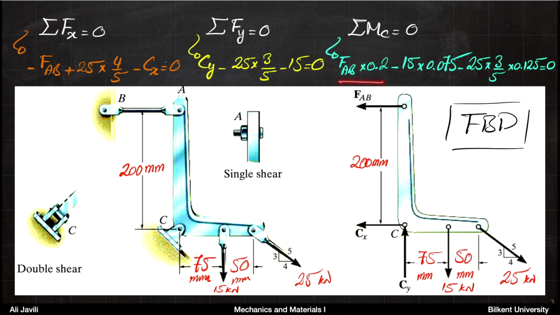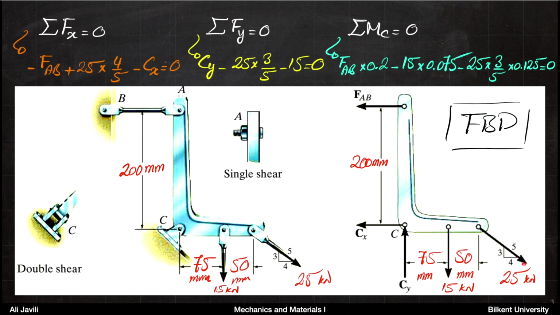Now the force 15 kilonewton times the distance 75 millimeter would cause a moment that is clockwise, so it comes with a minus, minus force times distance.